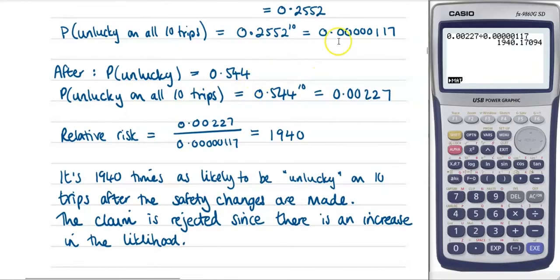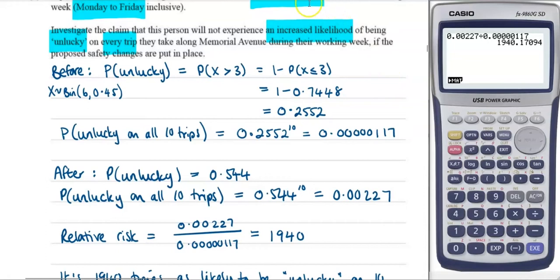So at this point, if you look at these two numbers here, they're so tiny that in reality you're unlikely to experience a difference. So this bit here sort of comes into play, so that this person will not experience an increased likelihood.